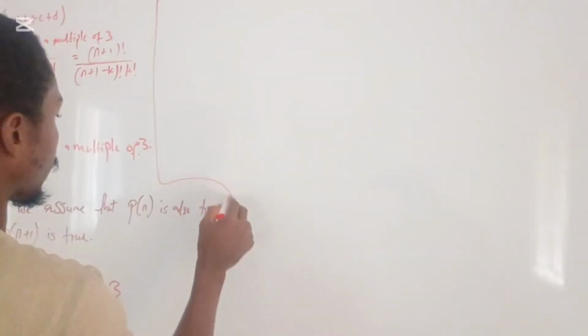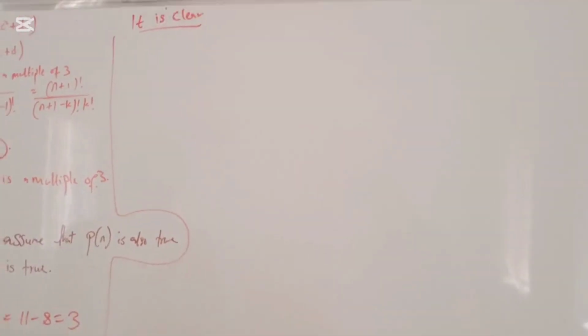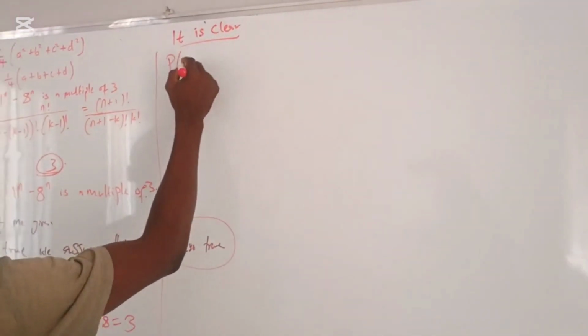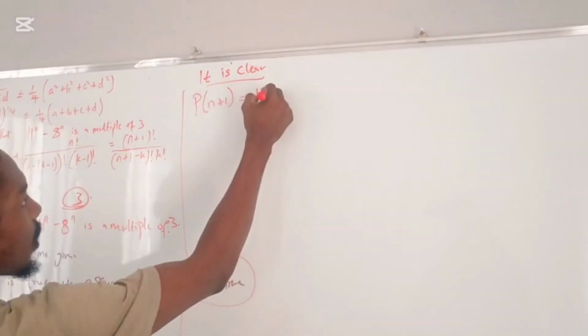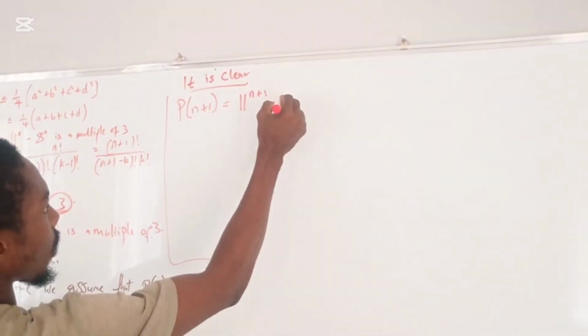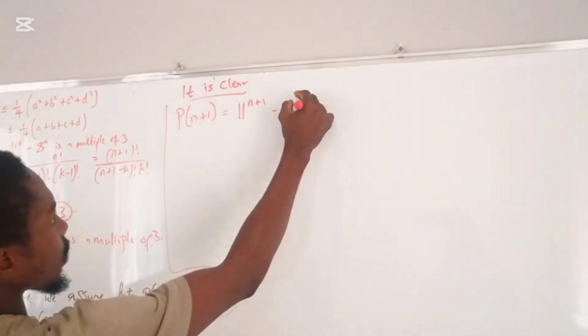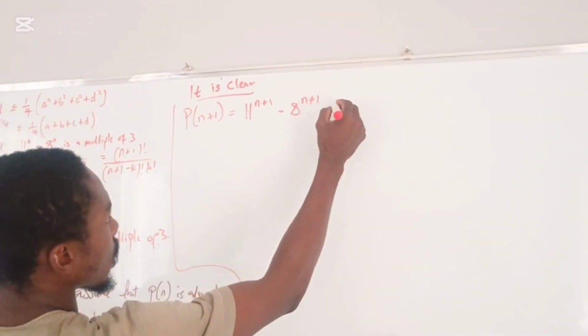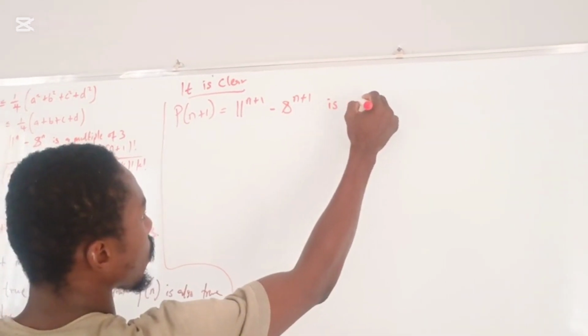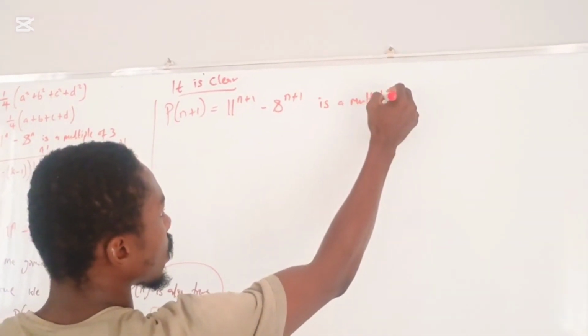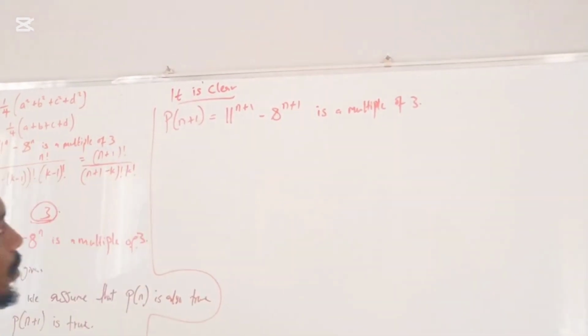So now P of n plus 1 will give us 11 raised to the power n plus 1 minus 8 raised to the power n plus 1. We want to show that this is a multiple of 3.